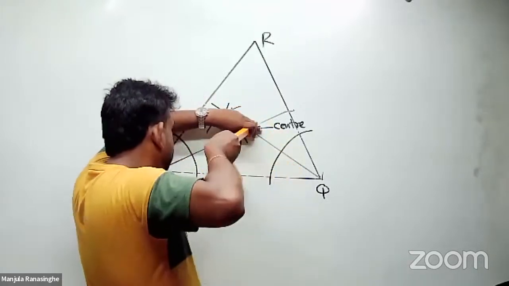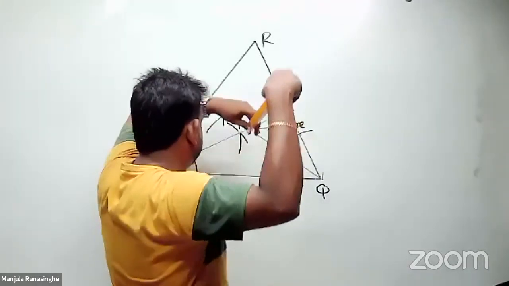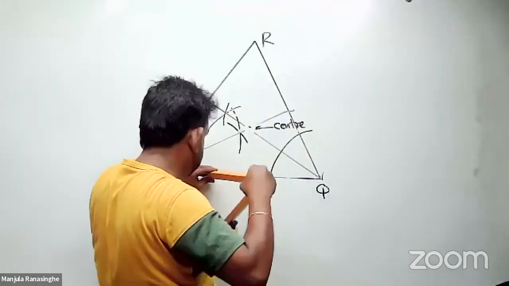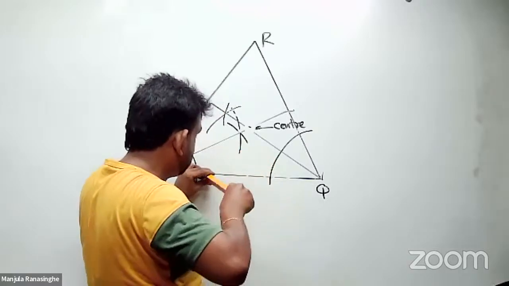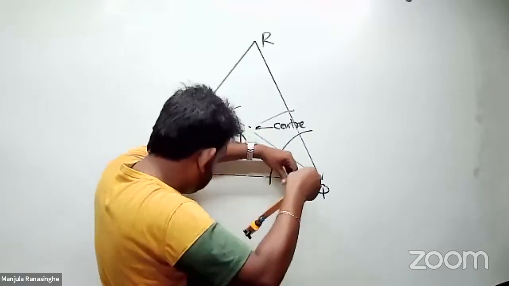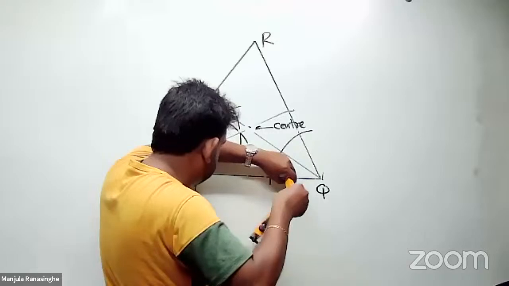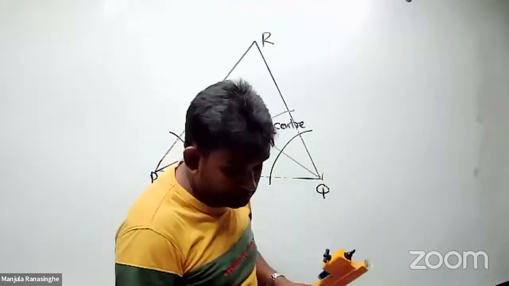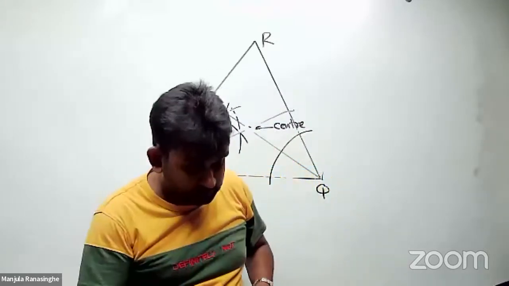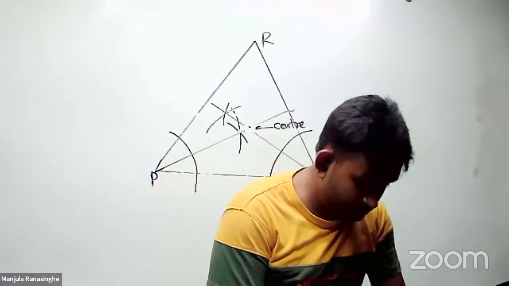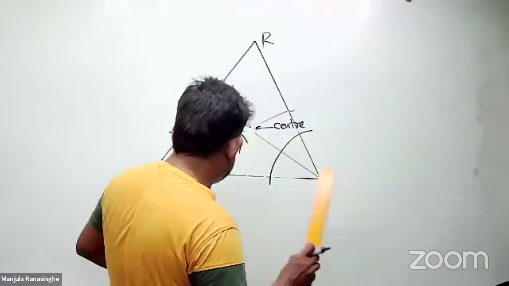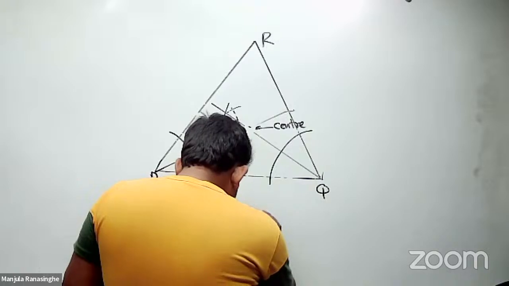So I draw here, and then I take this distance and mark it here. Now connect here, so these are the arcs.